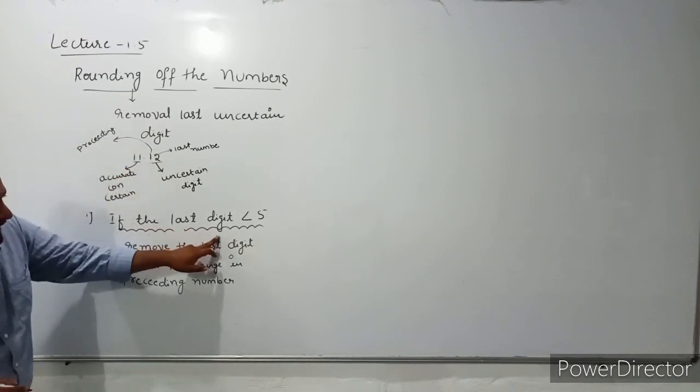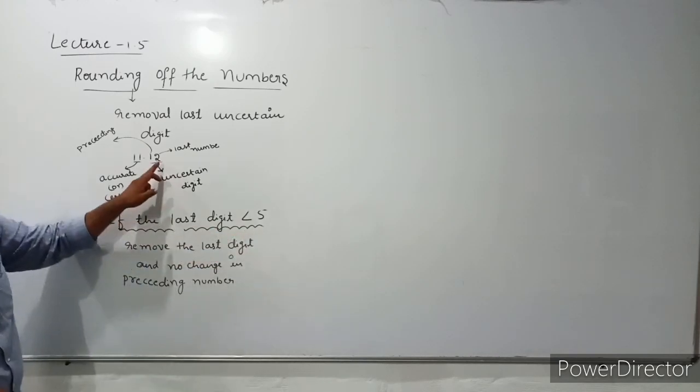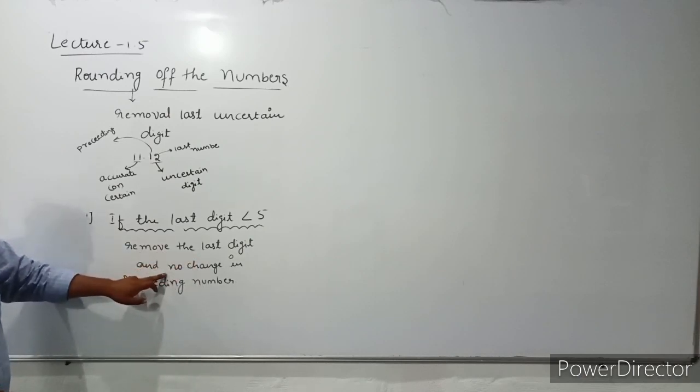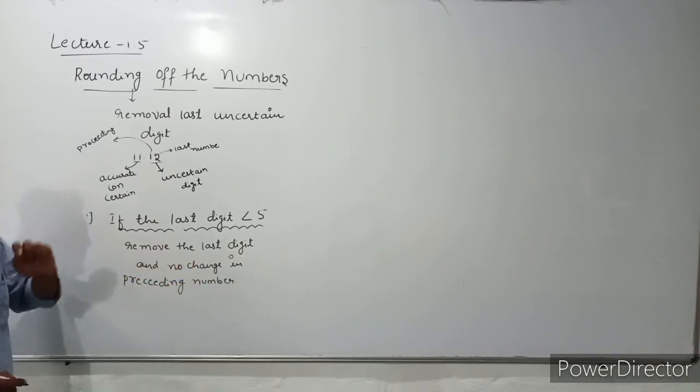If the last digit is less than 5, then remove the last digit and there is no change in preceding number.